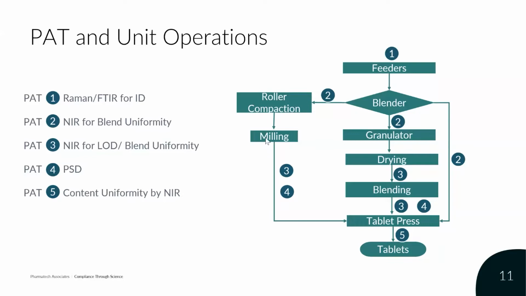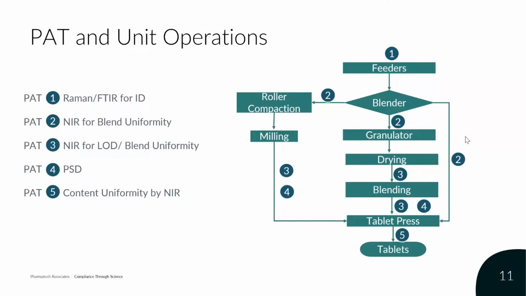And depending on the milling, you could use near IR again for not only blend uniformity, but for your moisture content. You can also use particle size distribution. We do have these tools available that can determine particle size distribution. And then content uniformity again by near IR.